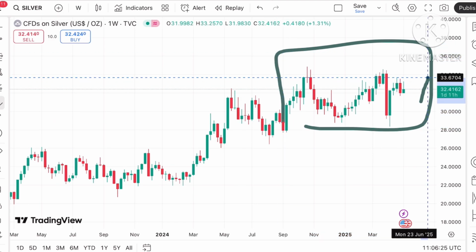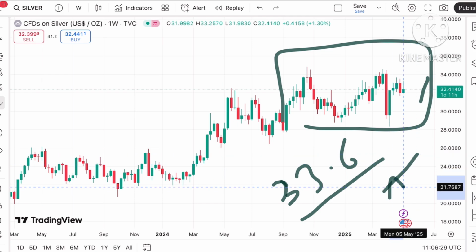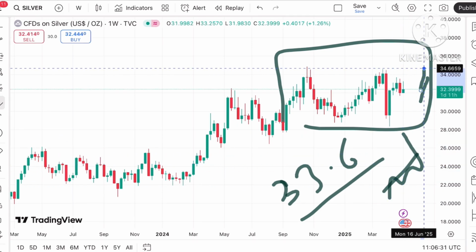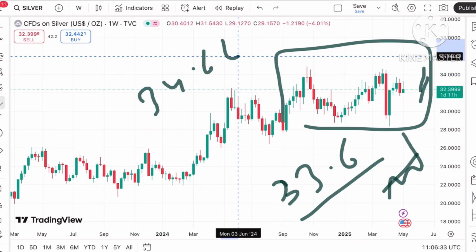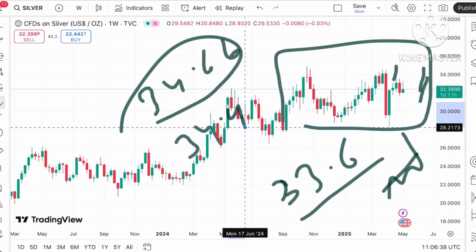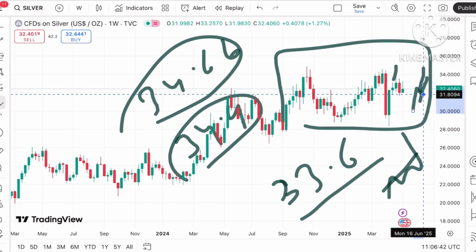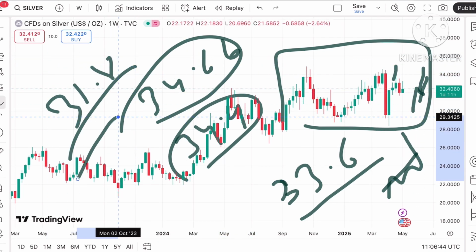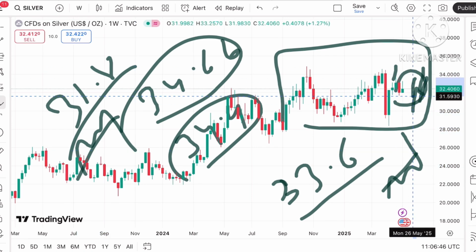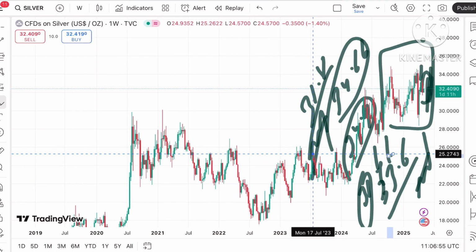As soon as the zone move-out happens at a level of 33.6, there is a higher chance of further upside, and it will cross a level of $34.66 and go towards 34.9, and then further upside. But if it starts falling below a level of around 31.8, it will fall further down, and there will be a zone breakout, so the price will go towards 31, and then a further low.